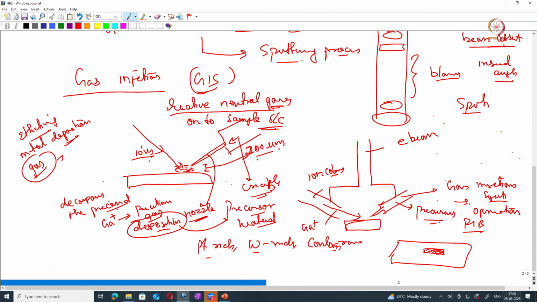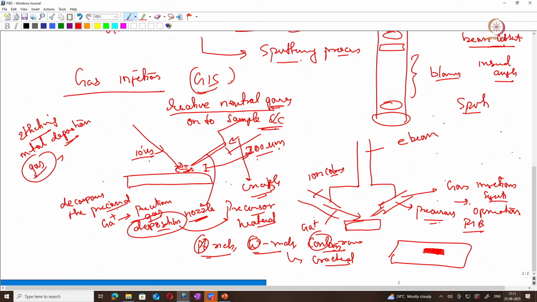Okay, so you can use different types of precursors, which we call GIS needles: a platinum rich, tungsten rich, or carbon rich precursor. When the gallium ions interact with these precursors, they crack or decompose, and the platinum, tungsten or carbon gets deposited on the sample region wherever the gallium ions interact with the sample, correct.